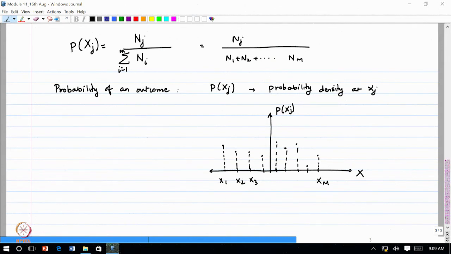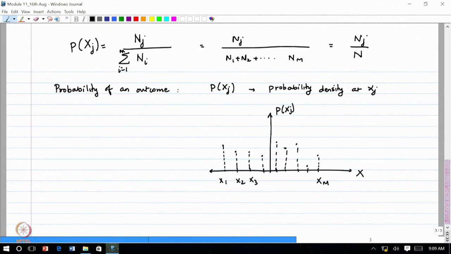Remember, the number of times you get x j is just probability multiplied by the total number. So, this is n j divided by n, where n is the total number of experiments.